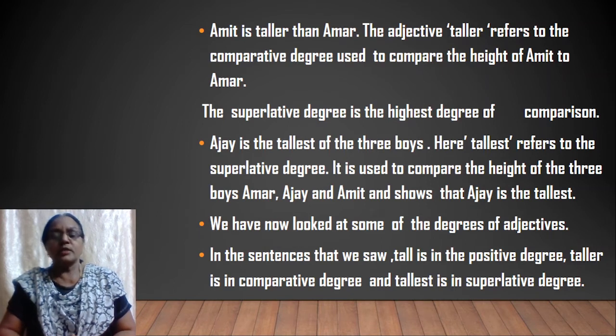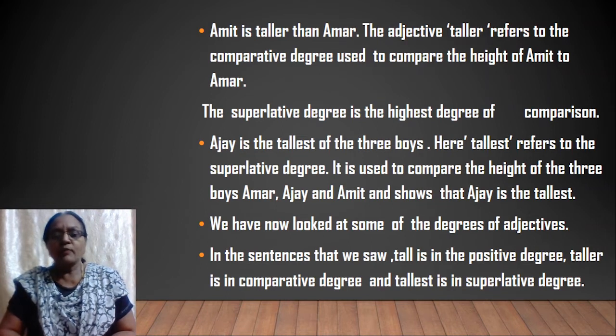The word tallest is used to compare the heights of all the three boys, Amar, Ajay, and Amit, and it suggests that Ajay is the tallest among the three boys.